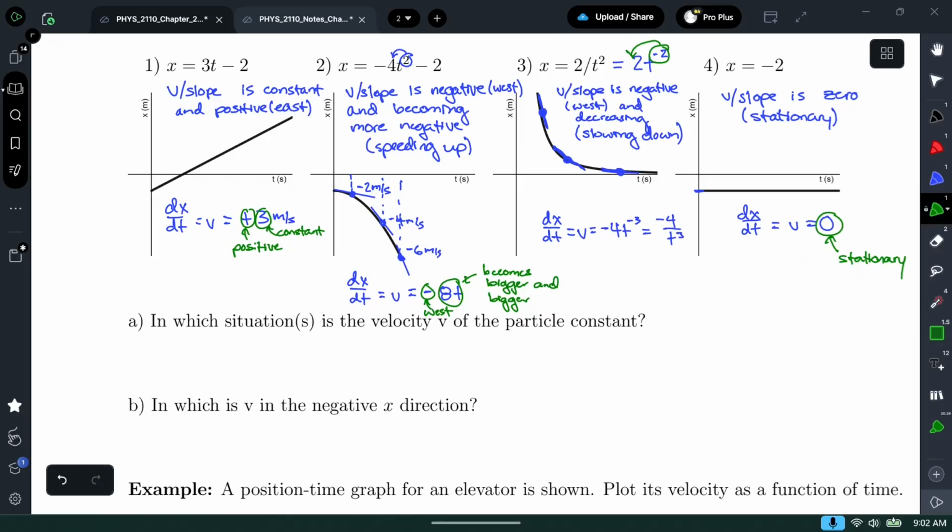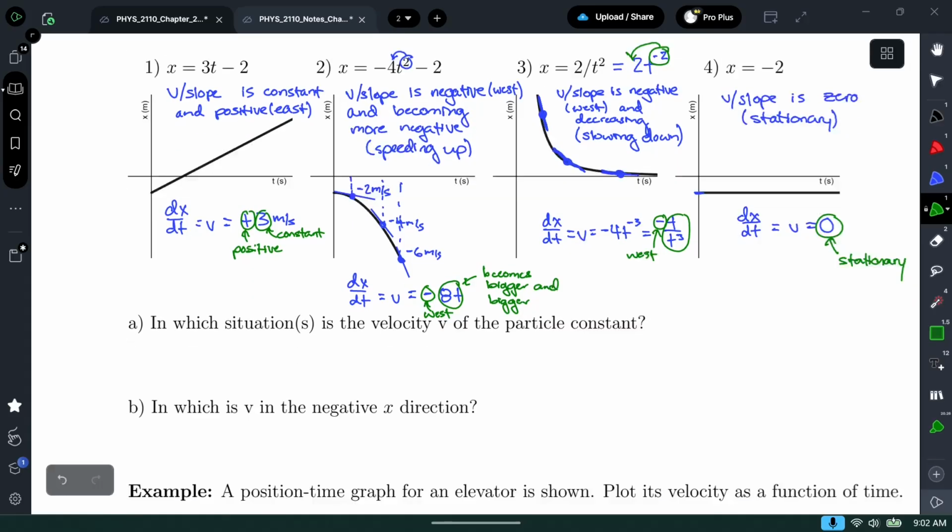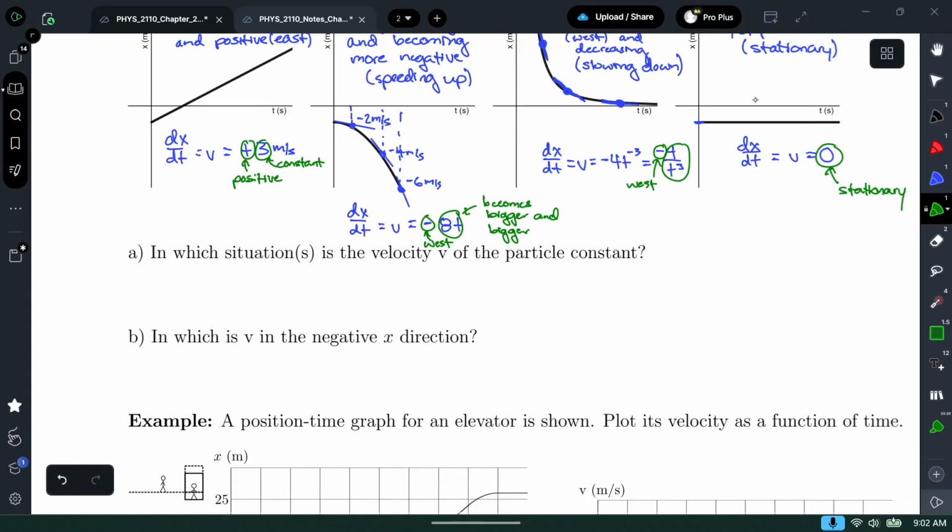If we look at this, there's a negative. They're going west. And as t gets bigger, what happens to this whole thing? It becomes smaller. Yeah, because they're slowing down. V is a negative number, but it's a number that gets smaller and smaller, closer to 0 as time goes on. This is someone coming to a stop.